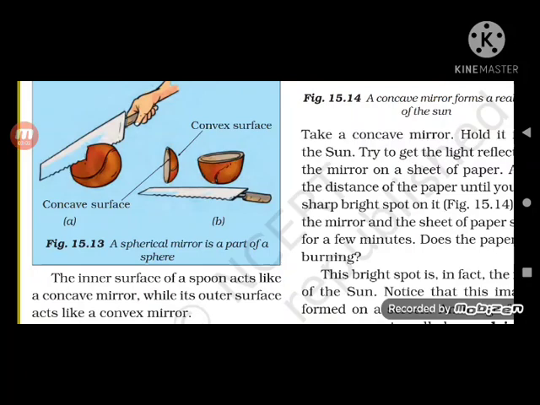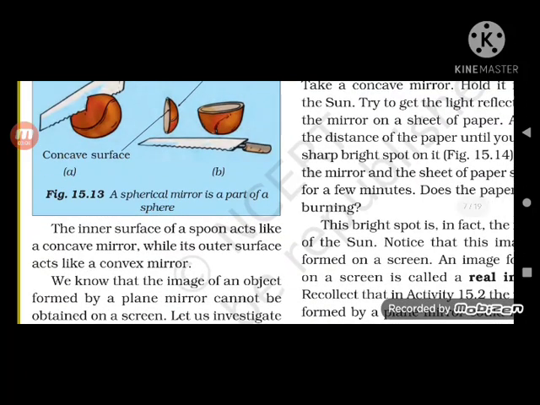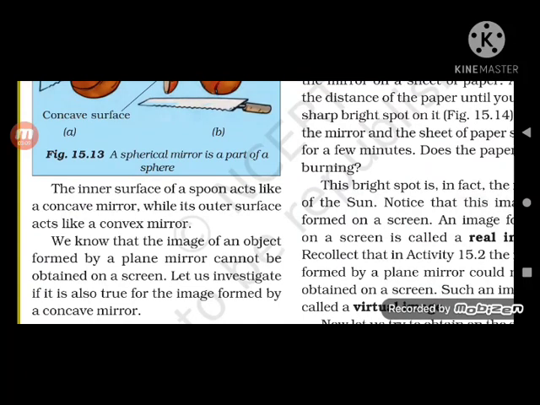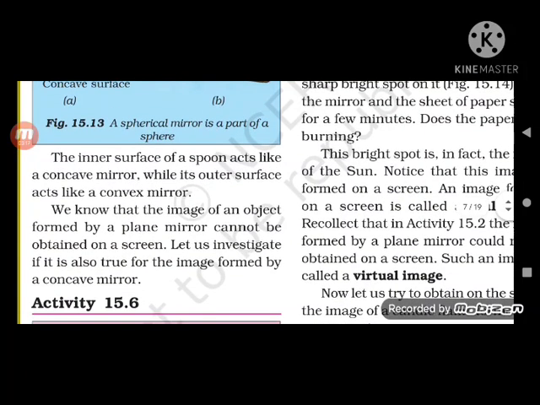convex. The inner surface of a spoon acts like a concave mirror while its outer surface acts like a convex mirror. We know that the image of an object formed by a plane mirror cannot be obtained on a screen.